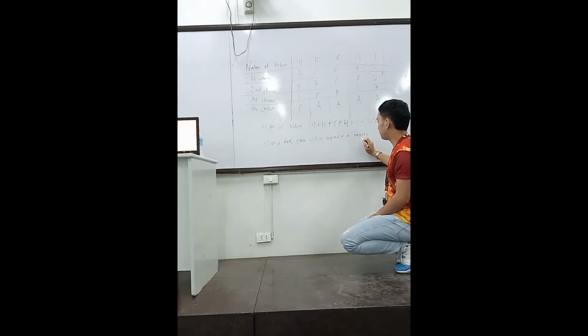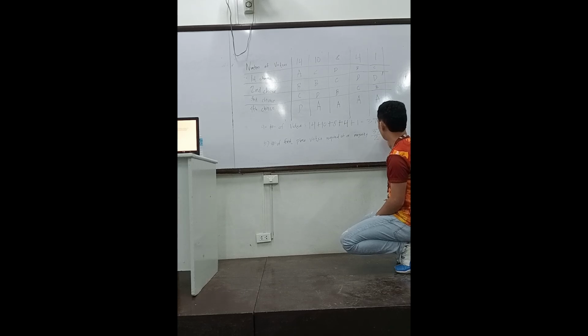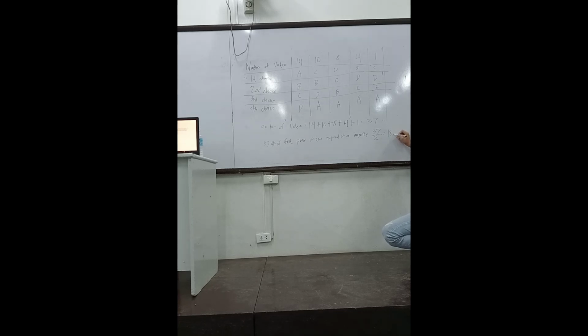To get the majority, the number of voters will be divided by 2. 27 divided by 2 is equal to 13.5. There is no whole number of voters for 13.5, so to get the majority, 13.5 should be rounded up to 14. So we need 14 voters to get the majority of this election.